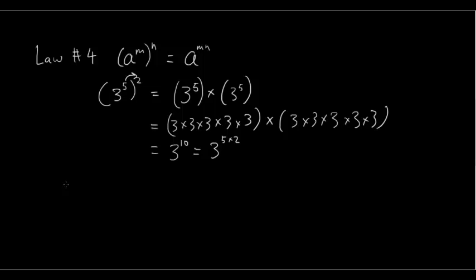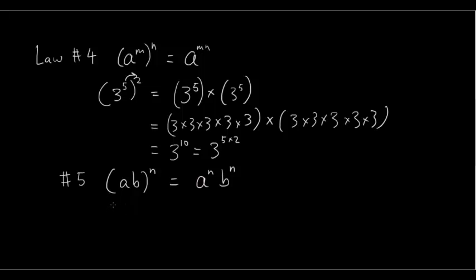If we have something like 2 terms inside the bracket, AB to the power of n, then it is the same thing as a to the power of n, b to the power of n. Okay, and that makes sense with numbers as well.